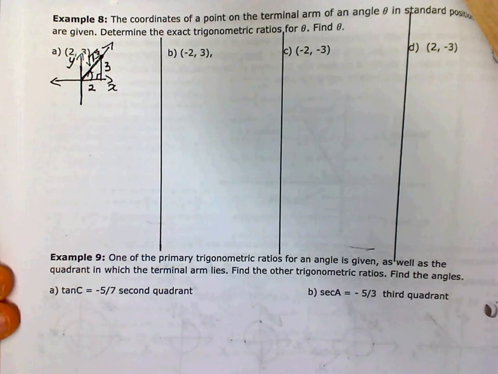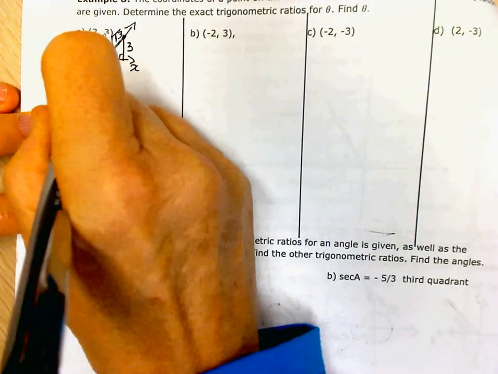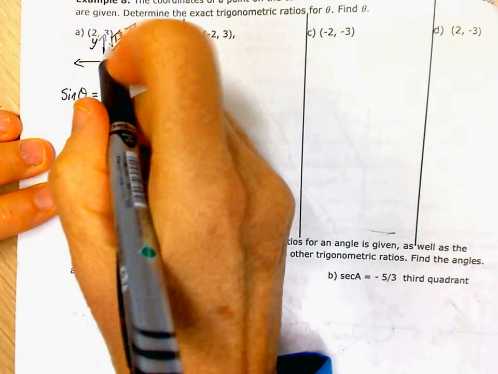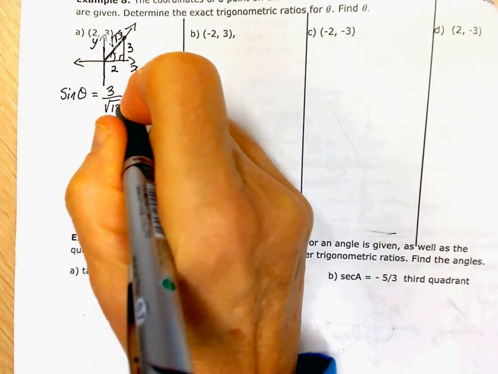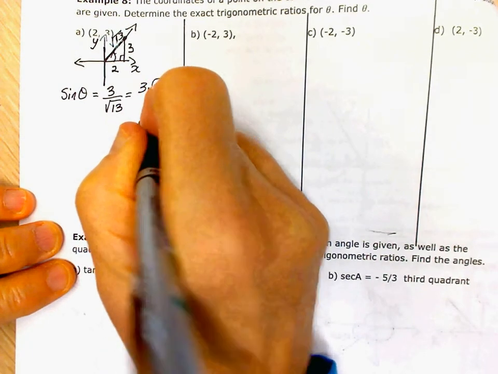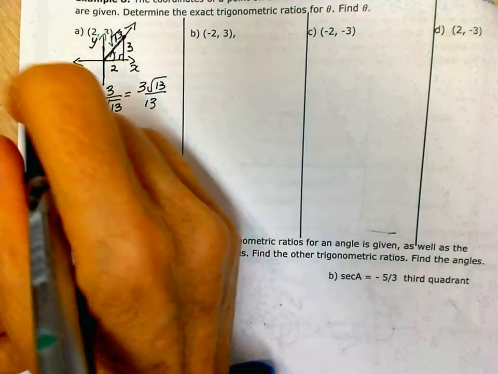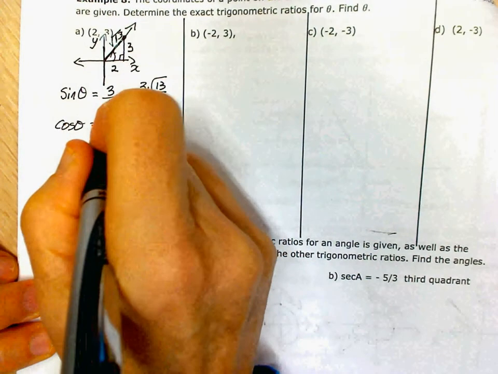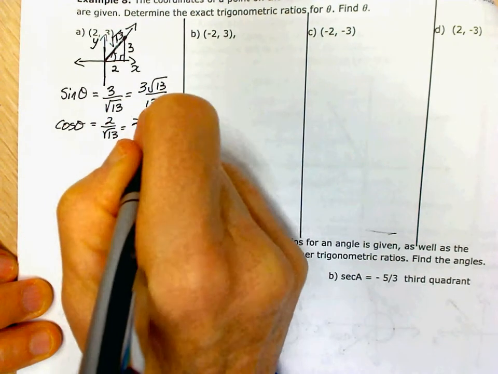Okay. So, tell me, what is the sine of theta? Opposite over hypotenuse. 3 over root 13. Rationalize the denominator. So far, so good. Cosine of theta. 2 over root 13. Rationalize the denominator. Tan of theta.